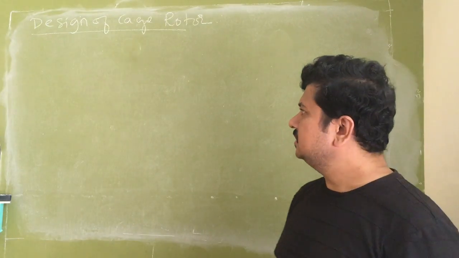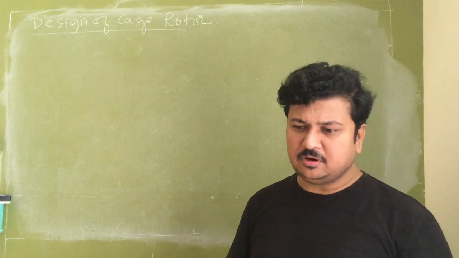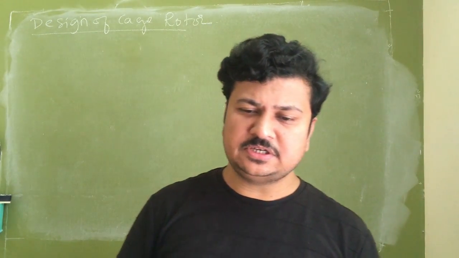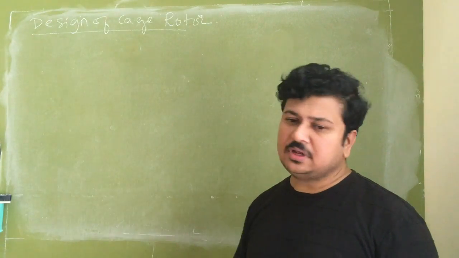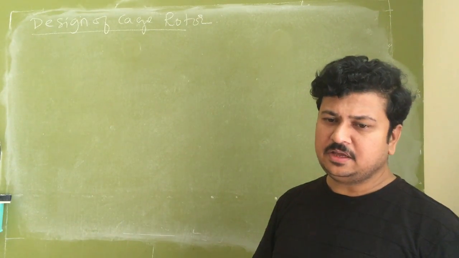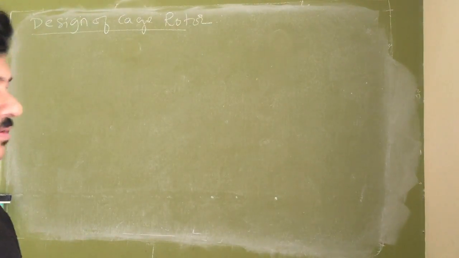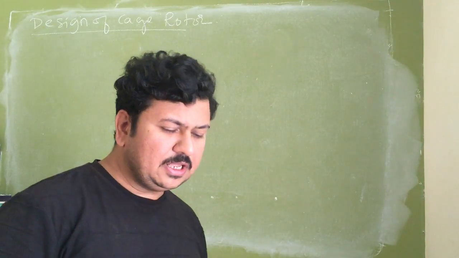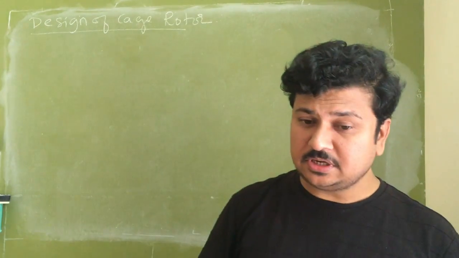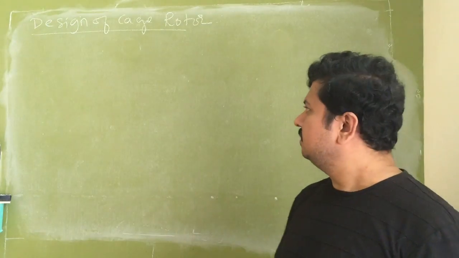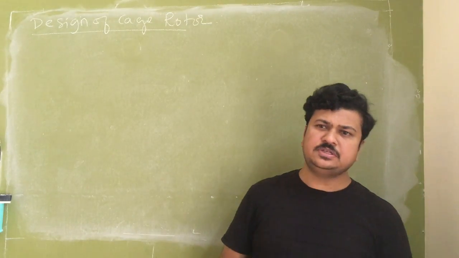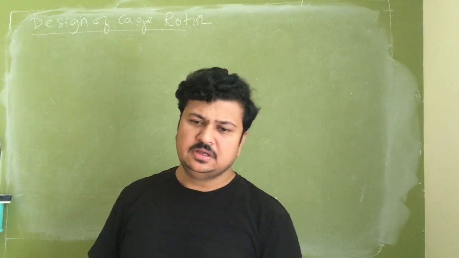So these are the main four points due to which we may observe the undesirable behavior of the rotor of a 3-phase induction motor, especially if the rotor is a squirrel cage rotor. The reason for vibrations or noise will be mainly due to irregularities in the air gap, due to a certain pattern of slotting.